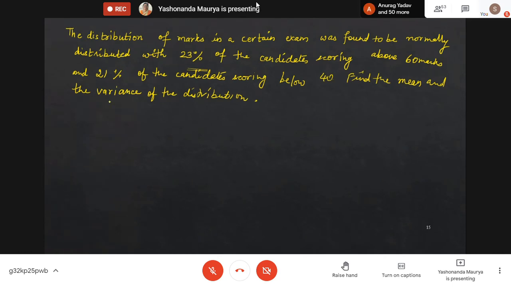So let X denote the marks obtained, and let X be a normal distribution.